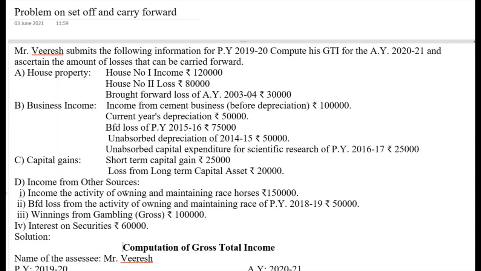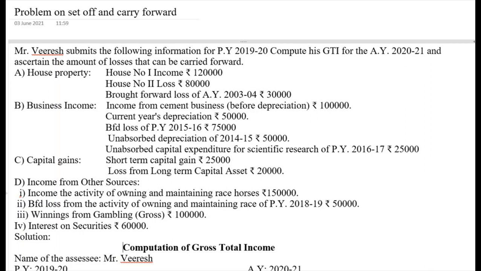This brought forward loss can be carried forward for a maximum of 8 years. It has come from 2003-4, so by 2011 it is over now. So this cannot be adjusted as it is time barred.